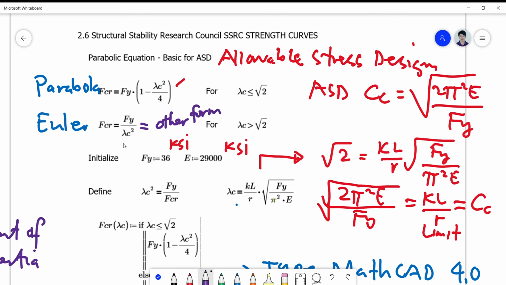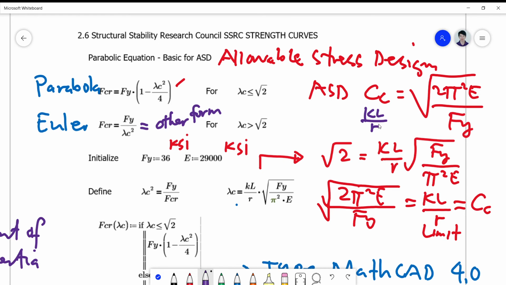Okay, so I will explain to you what is lambda_c squared here. For ASD, your limit, remember the limit that I told you a while ago about the C_c. This is the limiting value of the KL over r involved. So remember that when we are designing a steel member on compression, what we are always interested in is the KL over r ratio.